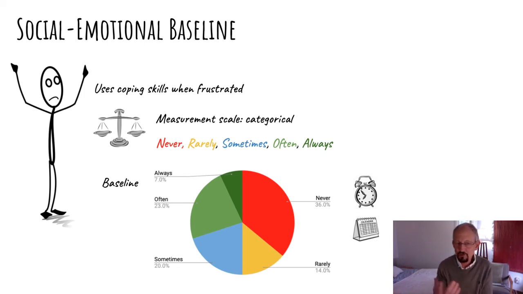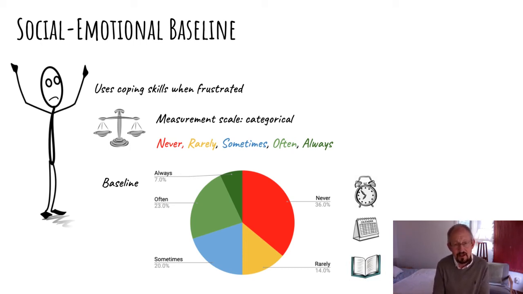Children who may be having difficult situations at home might find the weekend very difficult and therefore might come into Monday revved up or anxious or down, depressed, and therefore may start off the week very dysregulated and therefore in need of a lot of coping skills. And by the end of the week are much more into the groove and the routines of the school and therefore need it much less often. In fact, we may not even see frustration and therefore can't even measure the objective. So days of the week might have an effect on that baseline performance.